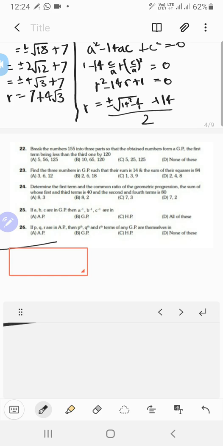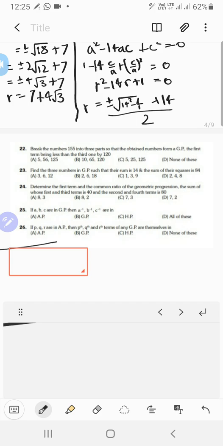Break the number 155 into 3 parts so that the obtained numbers form a GP. I think this is supposed to be 155 into 3 parts, the first term being less than the third one by 120.